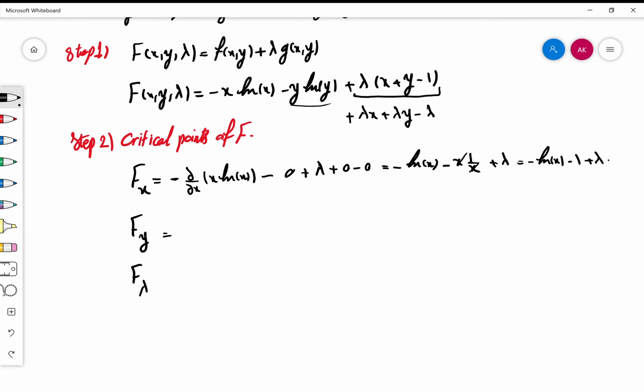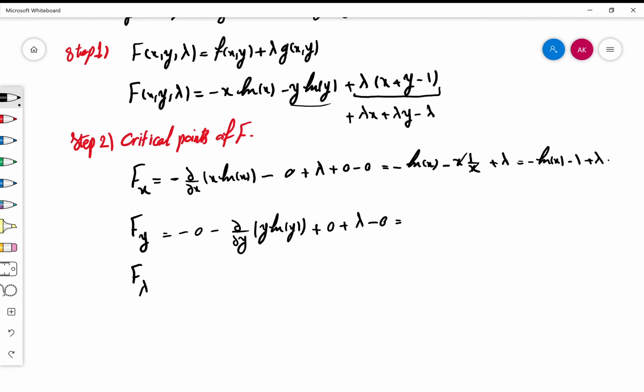How about the derivative with respect to y? Very similar computation shows that the first term is 0. The second term goes exactly the same way, but this time for y. Then the third term gives lambda minus 0.